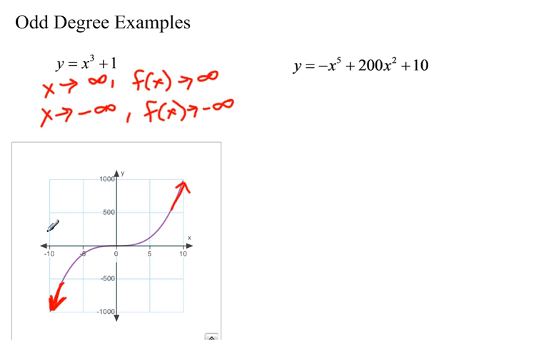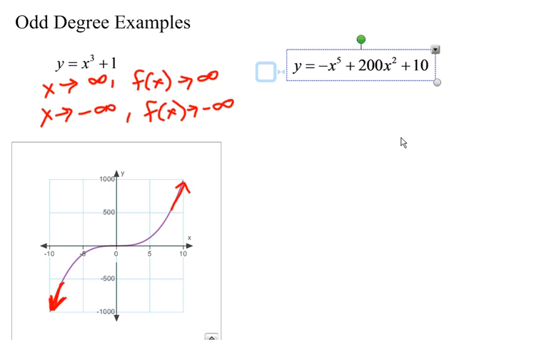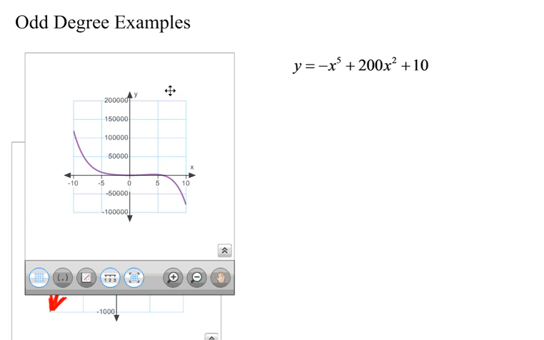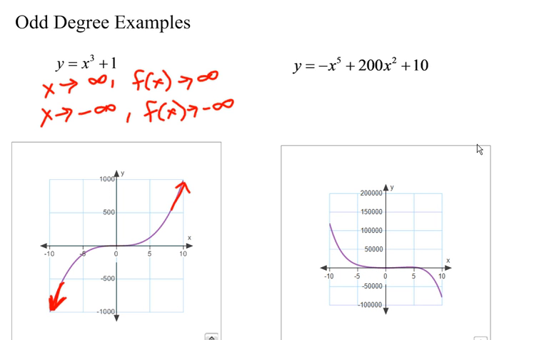All right, let's try another one. See if anything different happens here. And we will generate our graph again. There we go. And in this graph, oh, we see we're going the opposite ways. And because you're so quick, you're noticing, she had the leading coefficient as negative again.